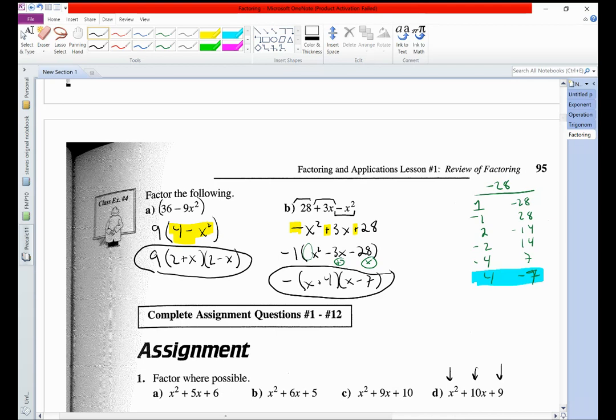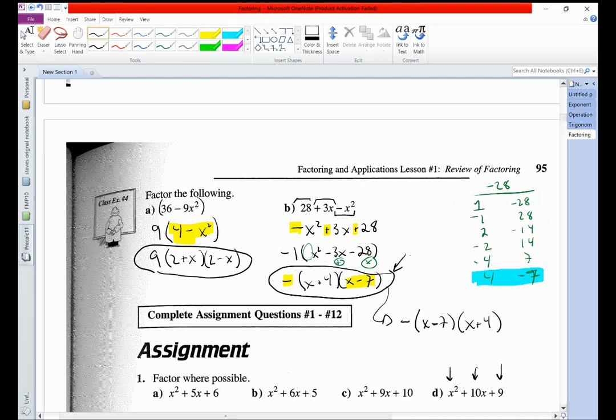You can also switch the form of this. This is a little bit of an extension, but we can use this negative and this factor right here with a negative sign in it. So if I rearrange the order of this, we go negative, x minus 7, x plus 4. So a nice way to write this answer.